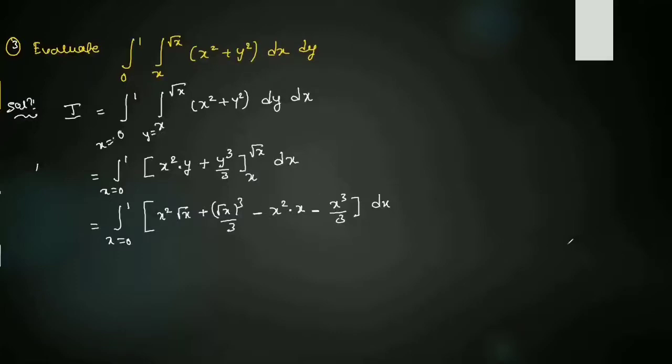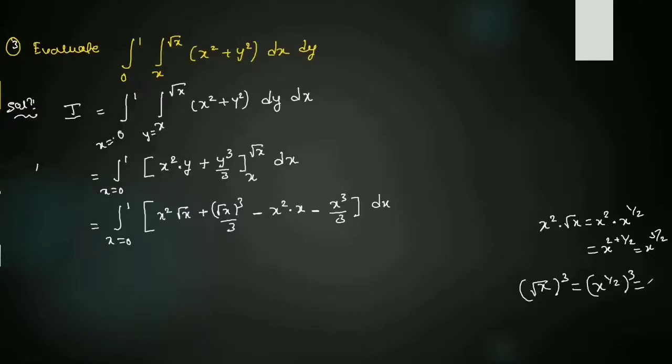Now you simplify. What will be the first term? We have x square into root x, which is x square into x to the power 1 by 2, which is x to the power 2 plus 1 by 2. It is x to the power 5 by 2. This is the first term. Second term, we have root x to the power cube, that is x to the power 1 by 2 to the power 3, which is x to the power 3 by 2.